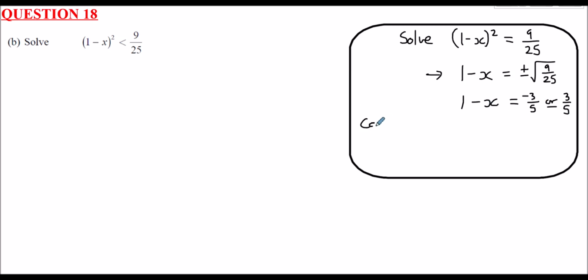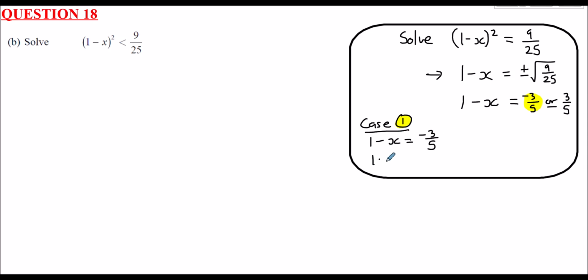So case 1, we have 1 minus x equals minus 3/5. So just considering the first option here, where it's equal to this value of minus 3/5. So what we can do is add x to both sides.